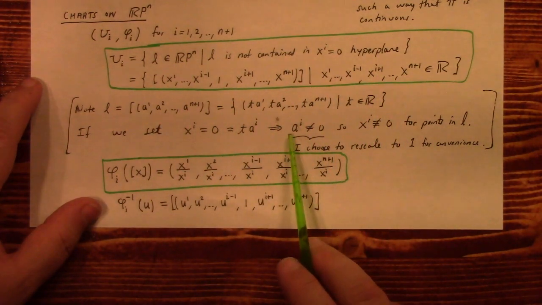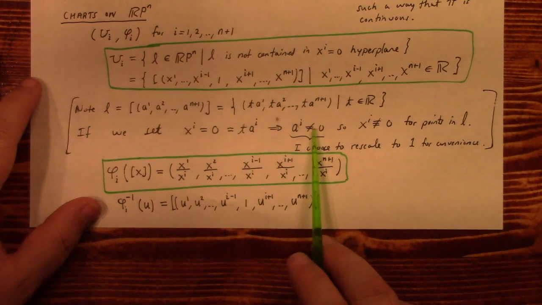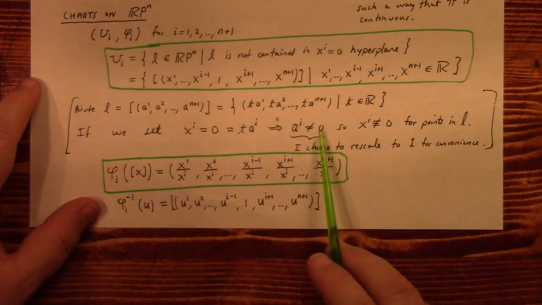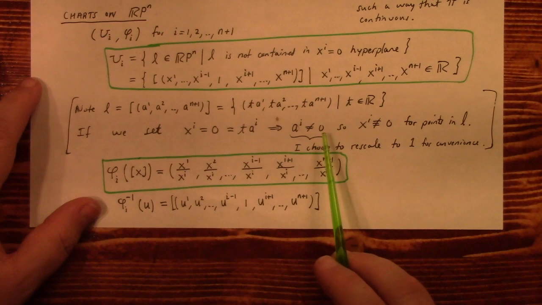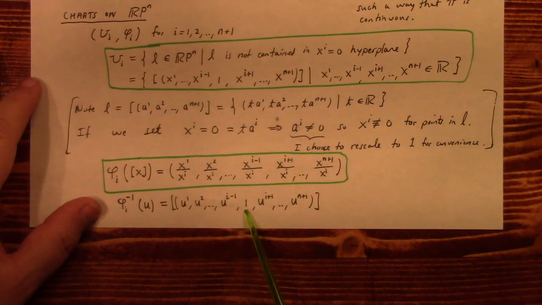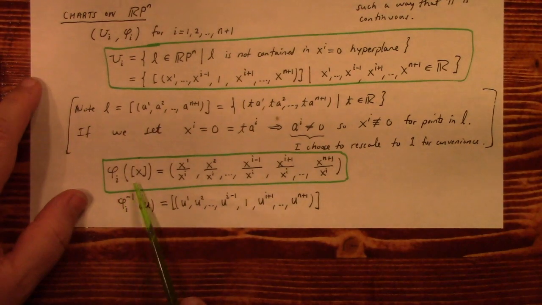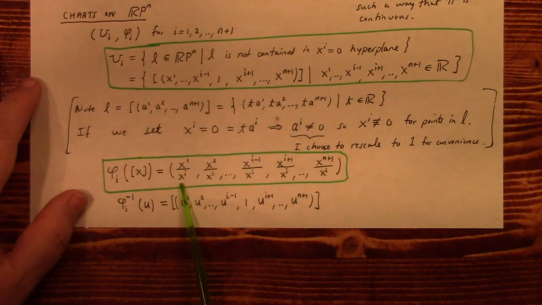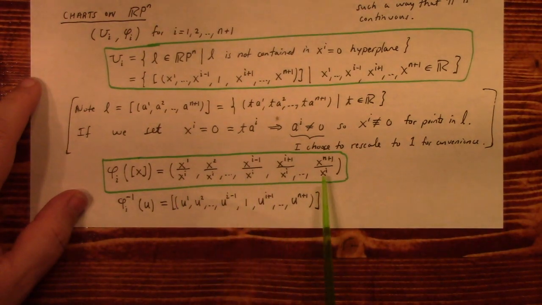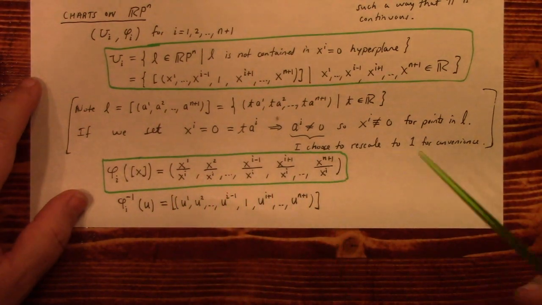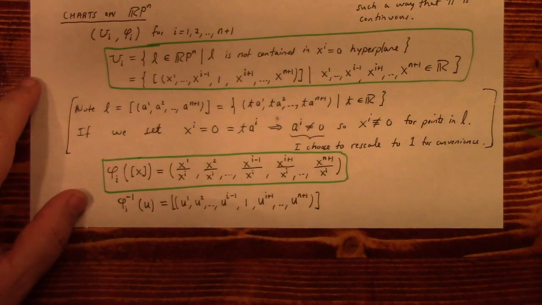So in short, a^i is not equal to 0, which means by the rescaling lemma, we can just make it equal to 1. But once you know that, if you want to define the chart mapping, we're just going to divide by x^i, which we can do because x^i is non-zero. So that's the chart that we're going to define.